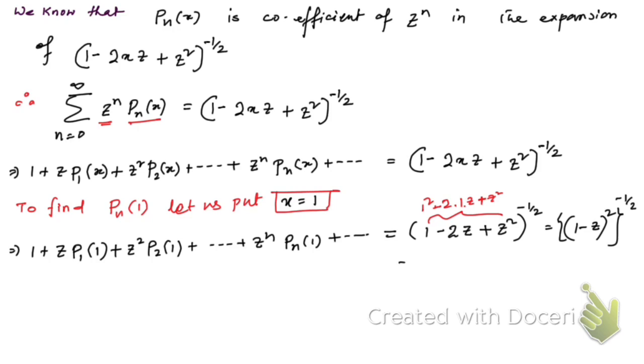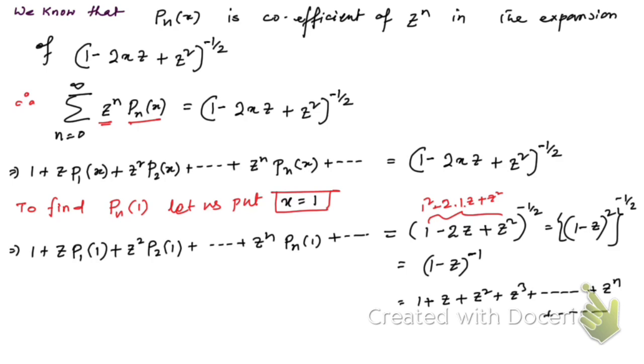Then this square cancels with this, hope you have understood this. Then we have (1 minus z) whole to the power minus 1. If we use binomial expansion to expand this, we have 1 plus z plus z square plus z cube plus dot dot dot z to the power n plus dot dot dot up to infinity.